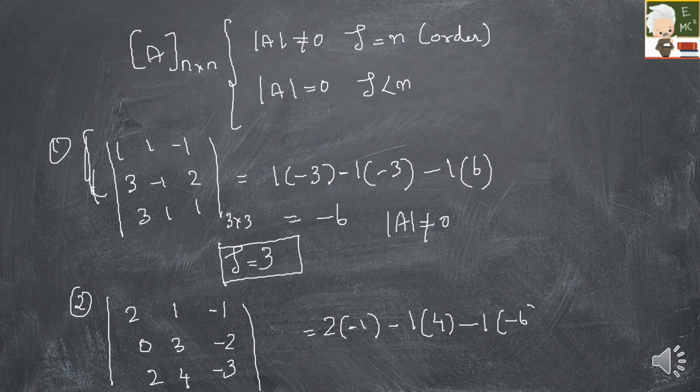So it is minus 2 minus 4 plus 6. Here the determinant of the matrix is equal to 0.